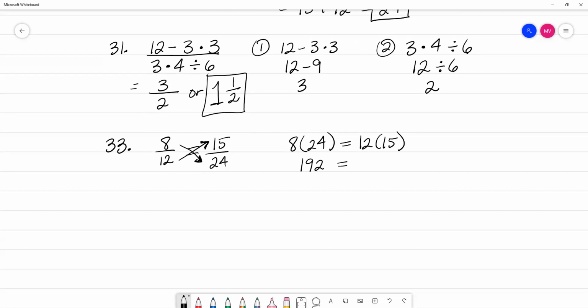First write it down. So 2 times 5 is 10. Carry my 1, that becomes a 3. And then this is 15. So 180. Is 192 equal to 180? No. Therefore, the answer is no. They have not completed the same amount of the race.